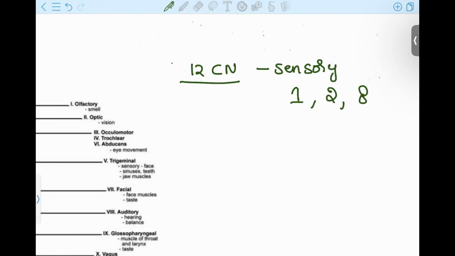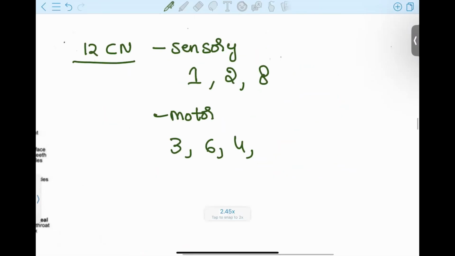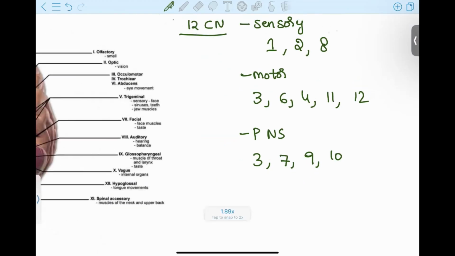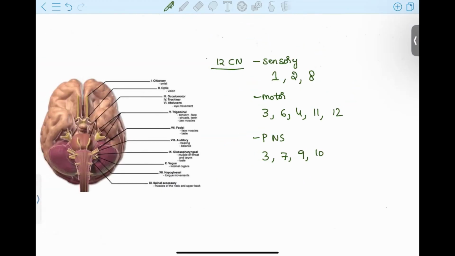And coming to the motor nerves, it is your oculomotor, abducens, and trochlear, and also your 11th and the 12th cranial nerves. And the purely parasympathetic nerves are your third nerve, seventh nerve, and ninth and 10th nerve. So you have to remember which are the sensory, motor, and parasympathetic nerves.